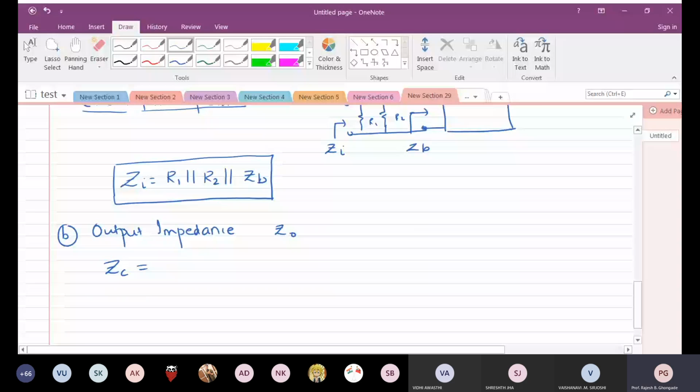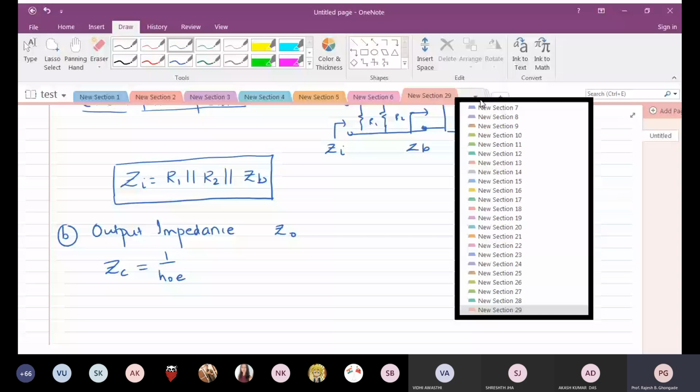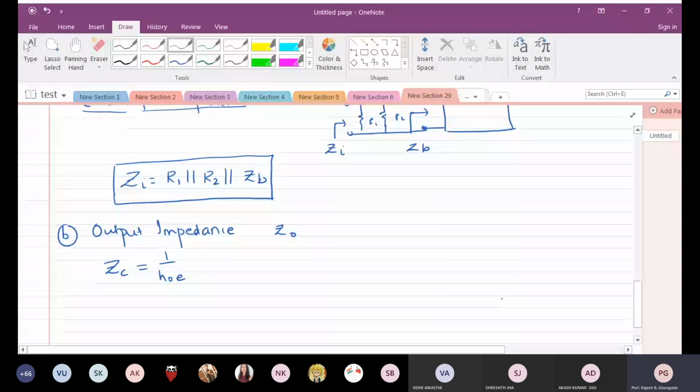Can someone find out quickly what is the typical value of HOE? 25 microsiemens. Okay. So it is 1 over 25 microsiemens. What does this amount to?